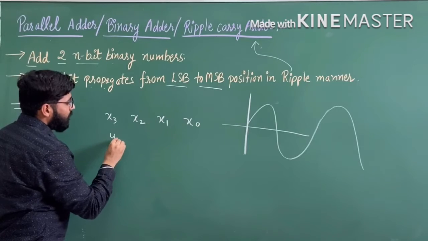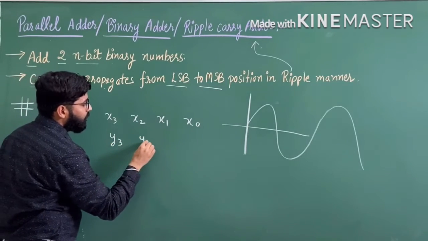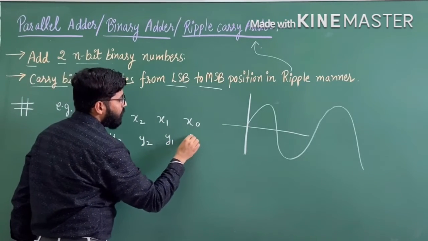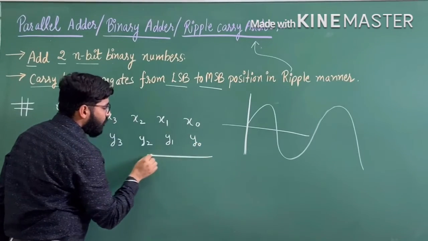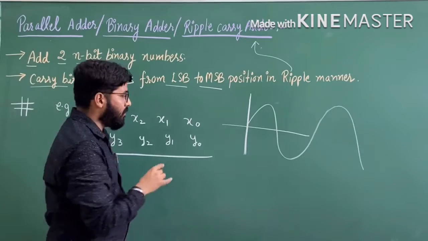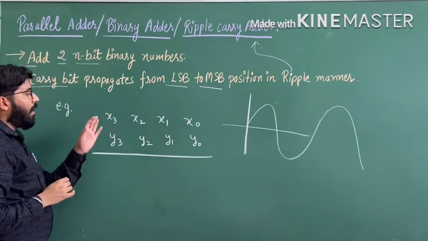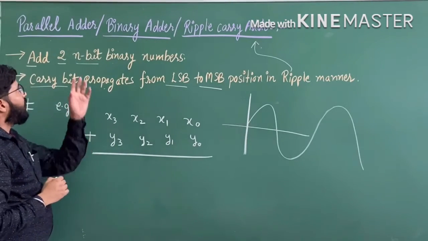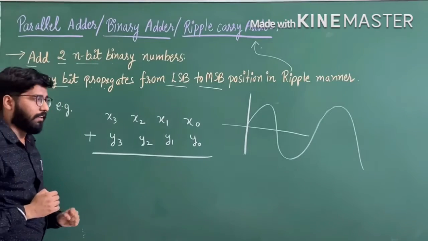Now consider another number: y3, y2, y1, y0. Now we want to add these two numbers. This is a 4-bit number. We have to add these two numbers by the concept of a parallel adder.